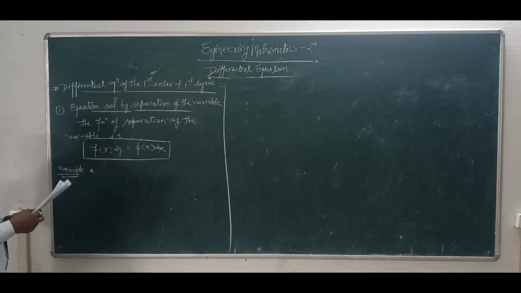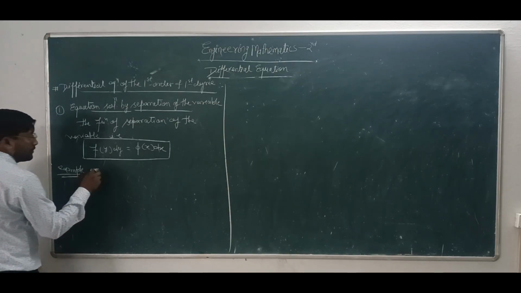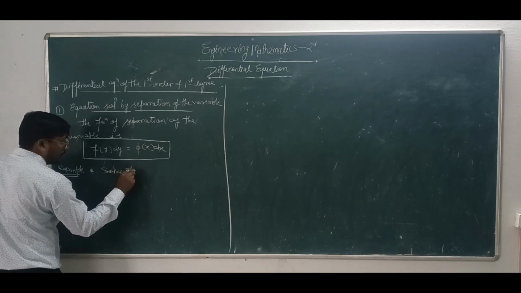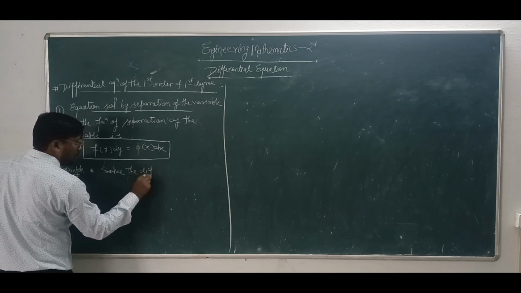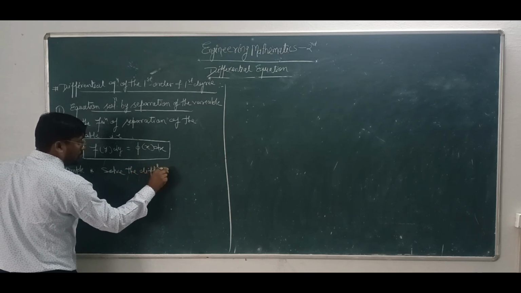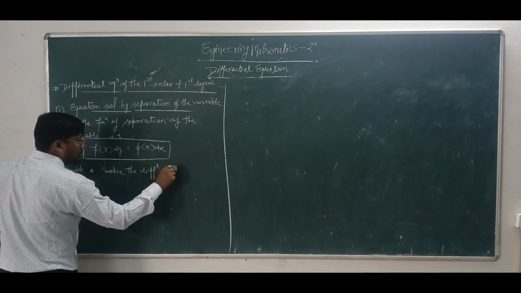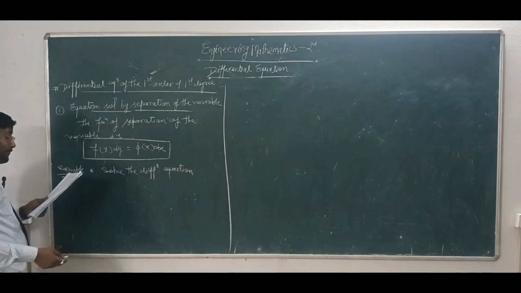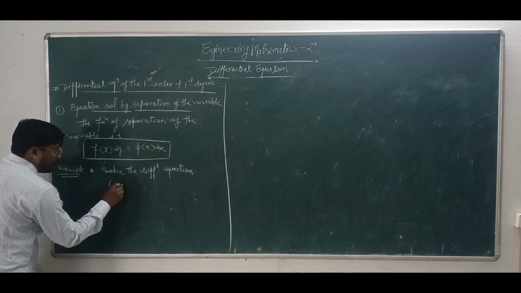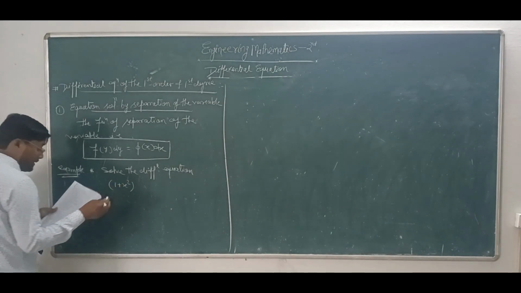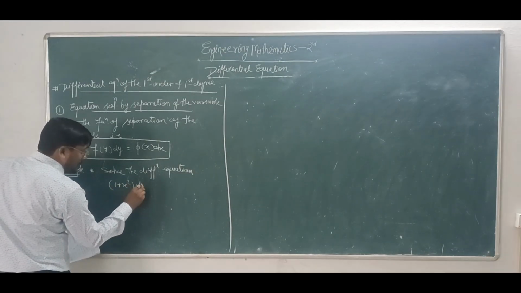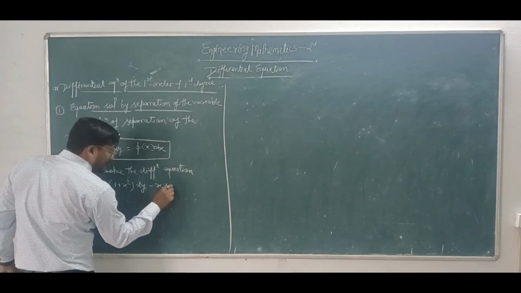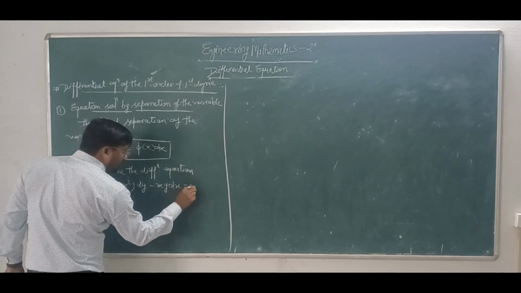Find the solution of the differential equation (1 plus x square) dy minus xy dx is equal to 0.